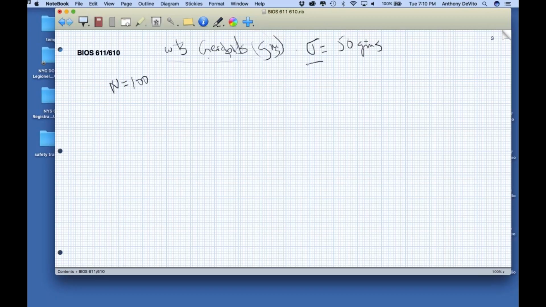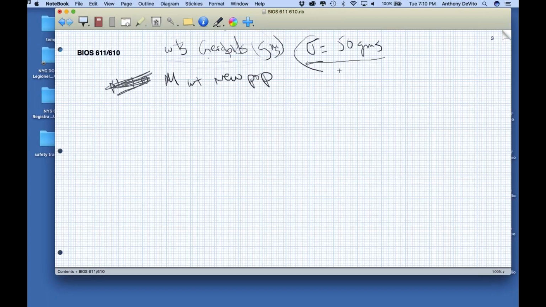Okay. Now, let's say we have a population of gerbils that are slightly different. They're a different breed of gerbils, but we think that the variability in weights is the same as all our other gerbils, right? Let's say that I want to know what the mean weight for that new population of gerbils is.